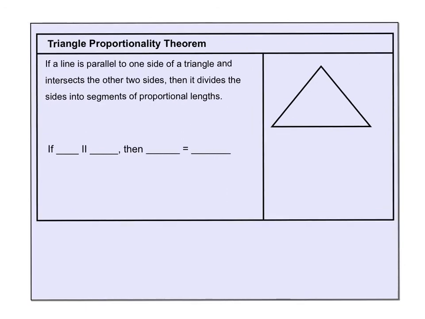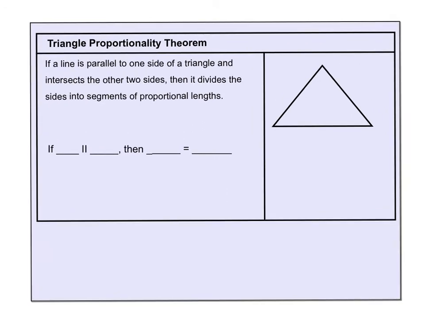If you draw a line through a triangle, and it is parallel to one side, then it divides the sides into segments of proportional lengths. So now let's break down what that means. If a line is parallel to one side of a triangle, we're talking about going through the triangle.